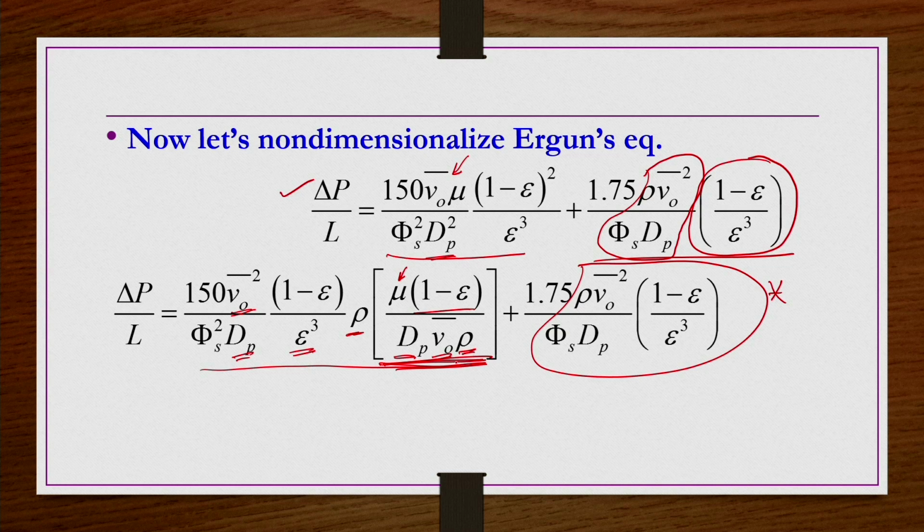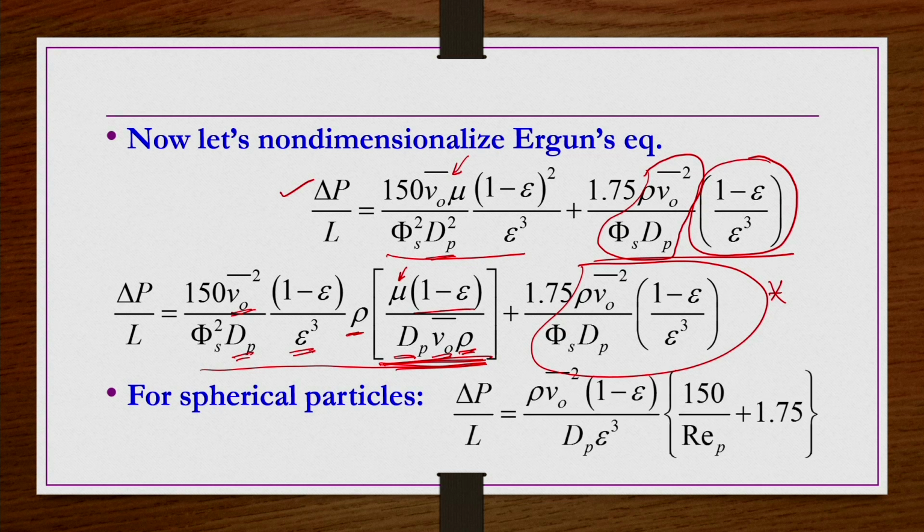It is nothing but 1 by Rep, that is the Reynolds number for the case of packed bed. Then for spherical particles we just strike out these phi s terms for simplicity. We take the spherical particle, otherwise this dP should be multiplied by phi s.